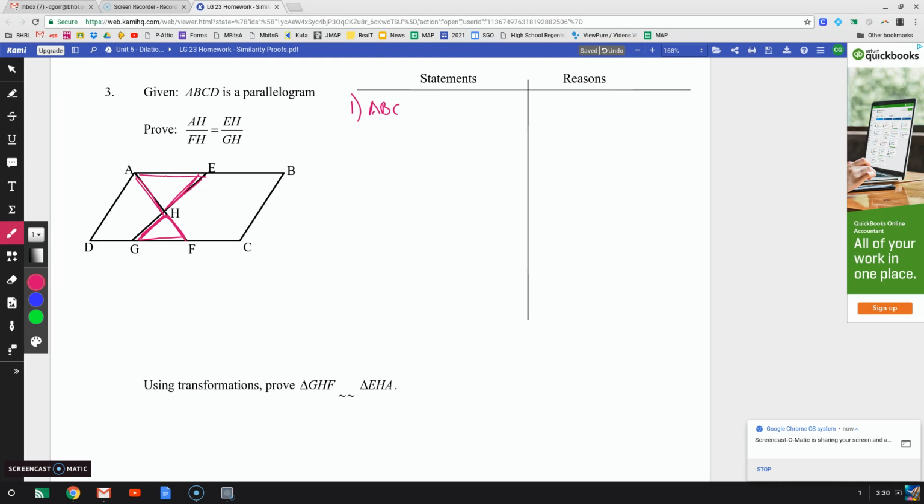So ABCD is a parallelogram. Once I know that that's a parallelogram, well, I can pull all the information I know about a parallelogram. And the thing that I really want to pull right now is that my opposite sides are parallel. So AB is parallel to DC because the opposite sides of a parallelogram are parallel.